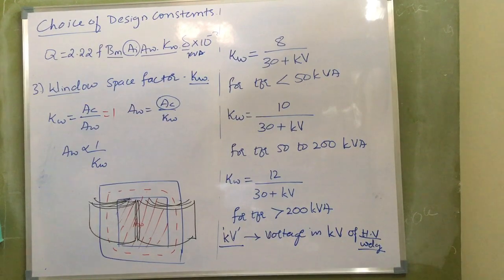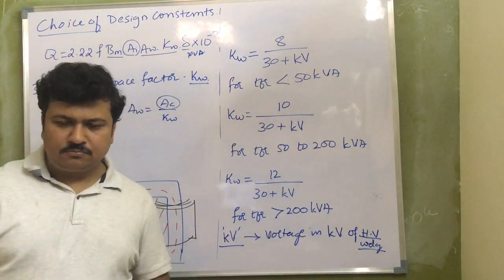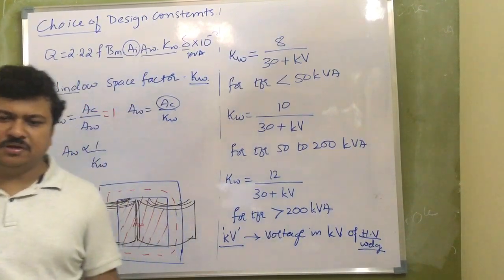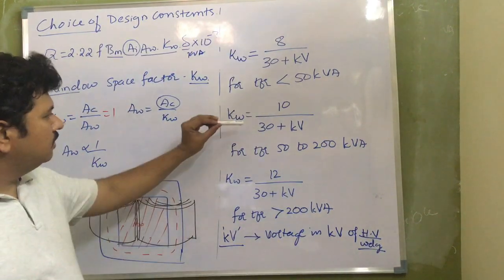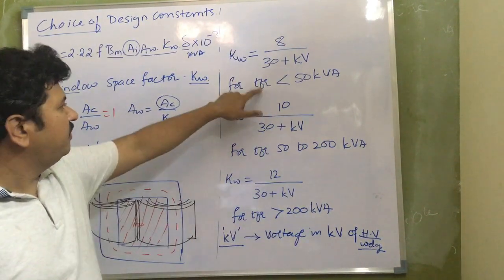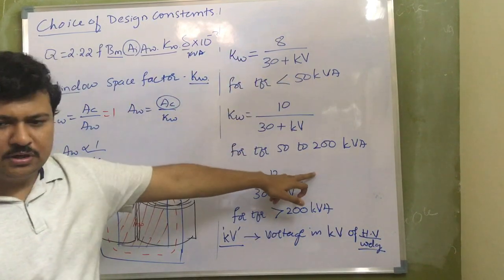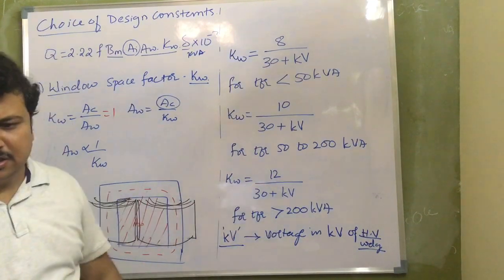Now suppose I have a 150 kVA transformer of voltage rating 110 by 66 kV. Then which equation should I be using? Below 50 kVA, 8 by 30 plus kV; between 50 to 200, 10 by 30 plus kV; above 200, 12 by 30 plus kV.